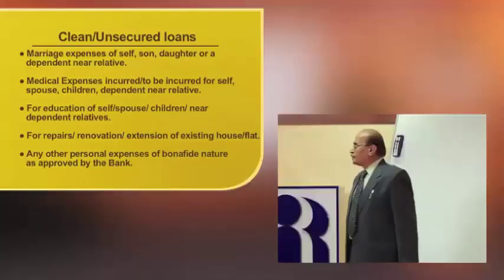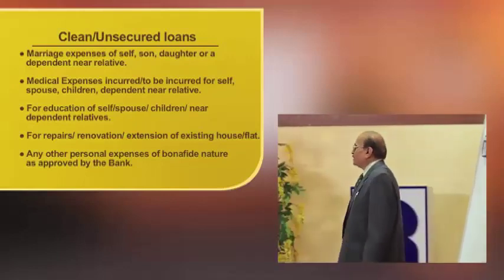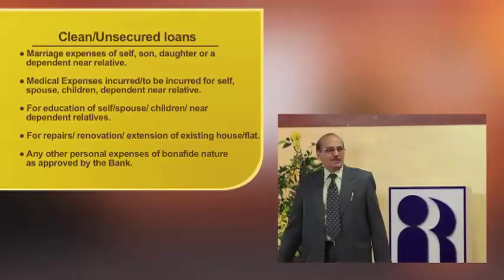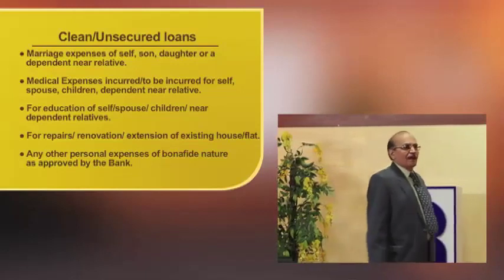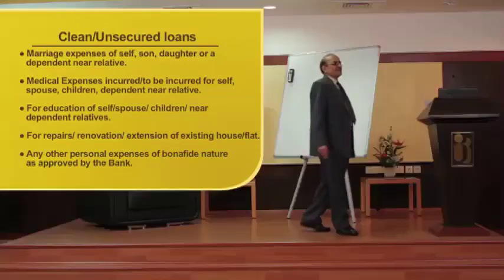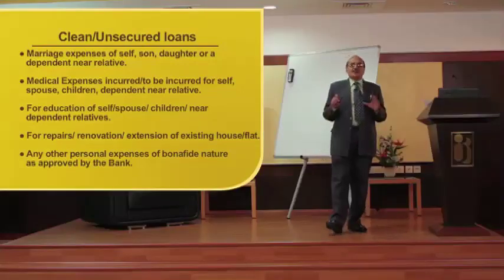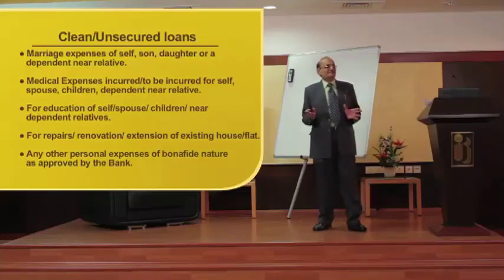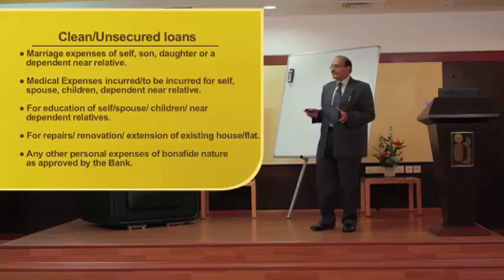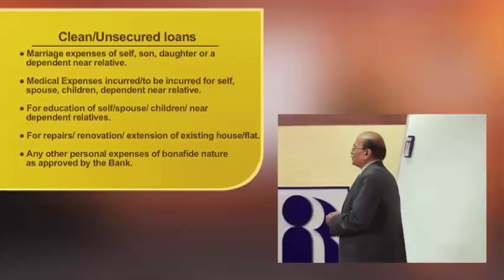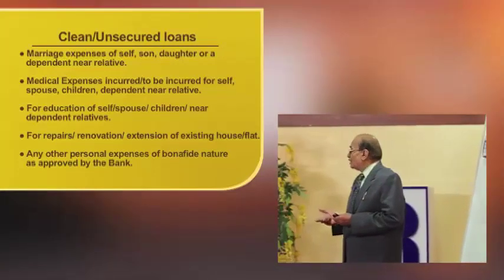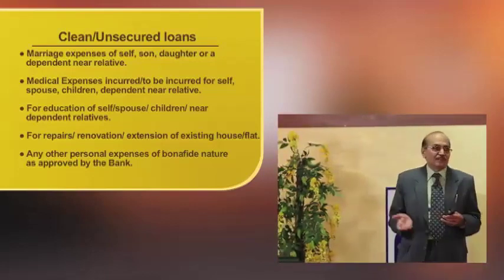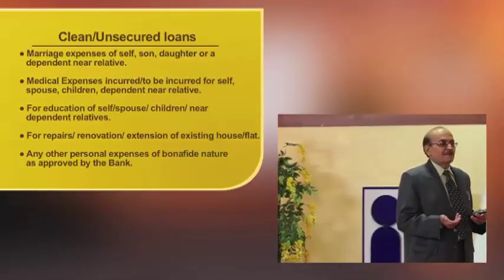For meeting expenses like the marriage of self, marriage of a daughter, a son, or a relative, the loan can be sanctioned by the bank. The loan can be sanctioned even to meet medical expenses incurred or to be incurred for self, spouse, children, dependents, near relatives.